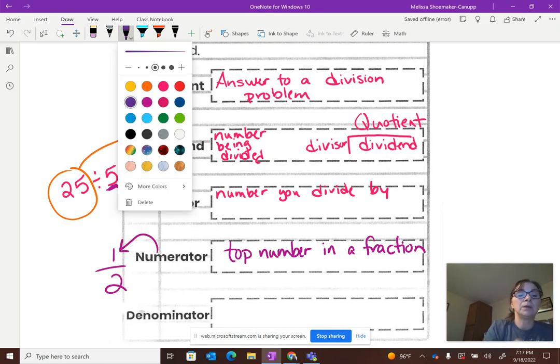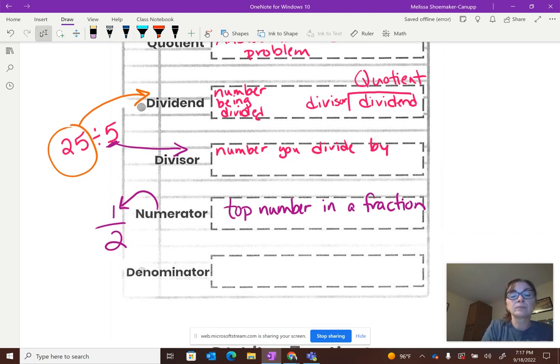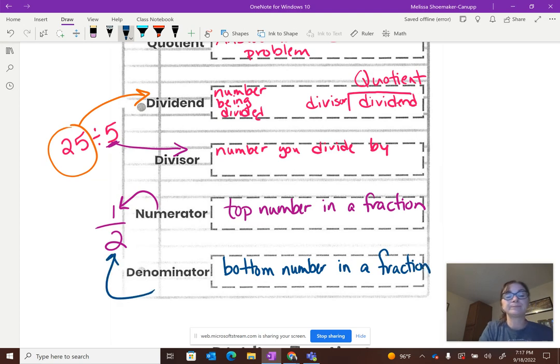Okay, and then the denominator is the bottom number. So that would be this one.